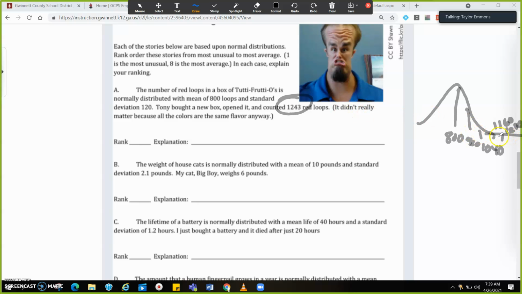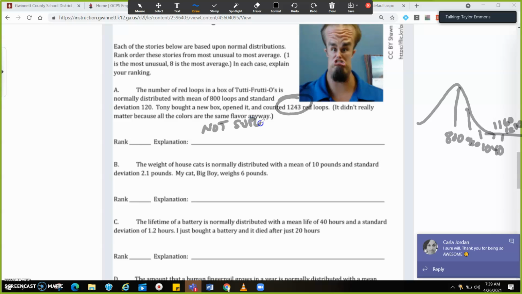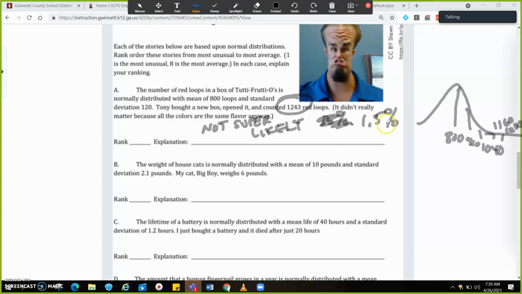The likelihood of that happening is in about the top 0.15%. So not super likely, because it's only going to be about a 0.15% chance. Or I'm sorry, 1.5% chance. Kind of move that decimal place.